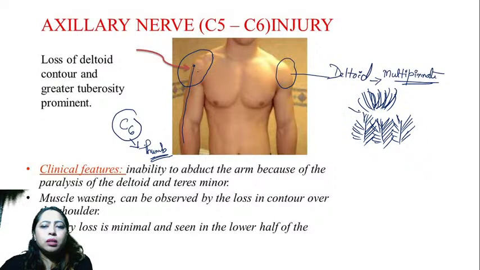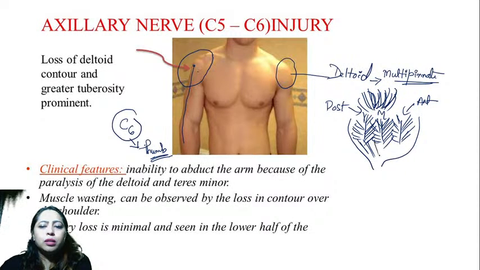So there are anterior fibers, middle fibers, and posterior fibers. That is what forms the contour of the shoulder, and this is the insertion of deltoid.